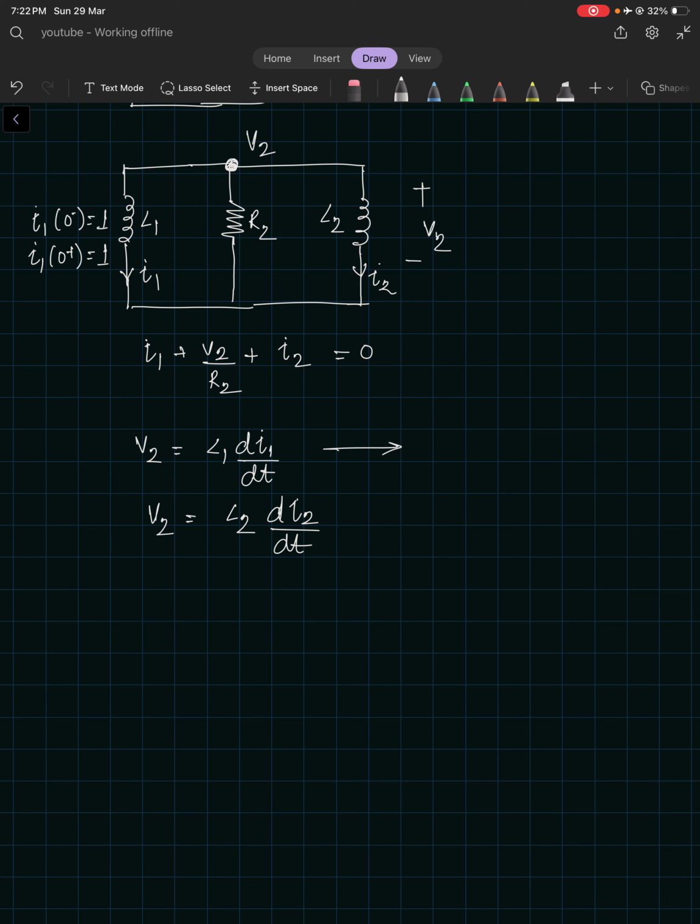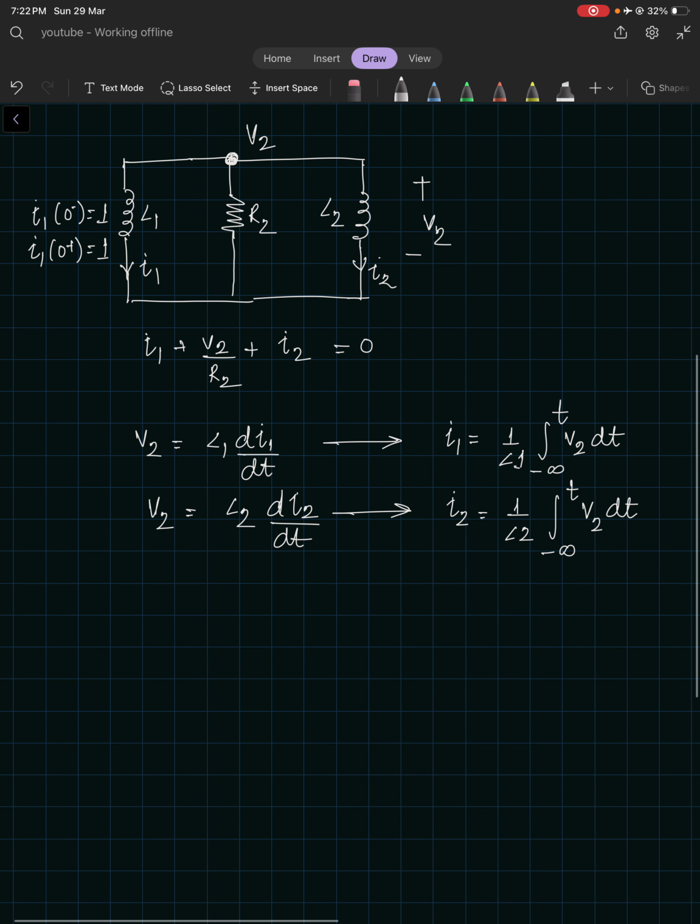So this will give you I1 is equal to 1 by L1 integration from minus infinity to t of V2 dt, and similarly I2 would become 1 by L2 integration from minus infinity to t of V2 dt, right? So far so good.